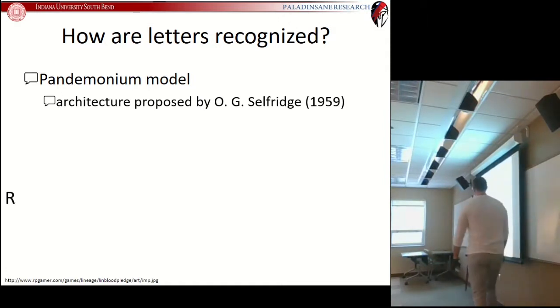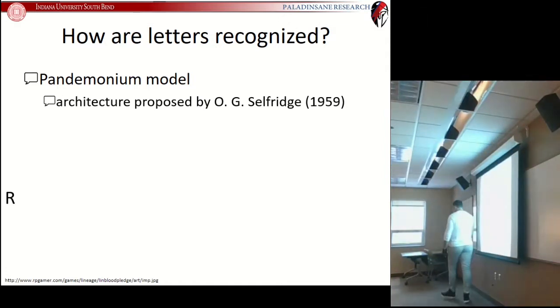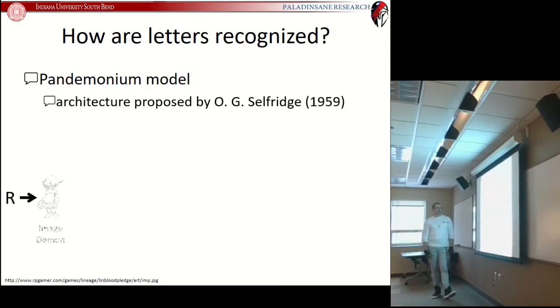He proposed that when you see a letter, or something in the external world, that gets sent to an image demon. All right, so again, right here is where the mind begins. Remember again that this is a model.